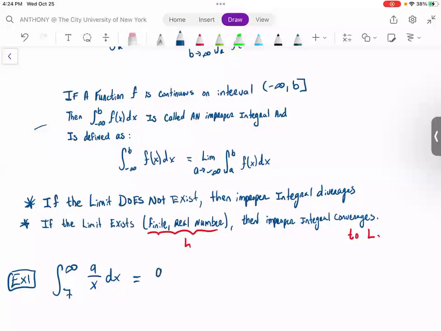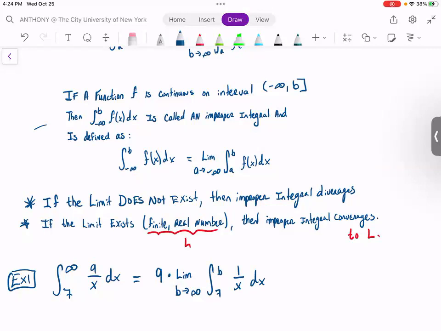We're going to say 9 times the limit as b approaches infinity of the integral from 7 to b of 1 over x dx. Now, when you look at this integral 1 over x dx, you should be able to now find the antiderivative. What is the antiderivative of 1 over x?